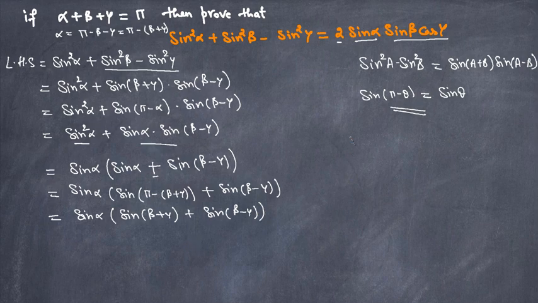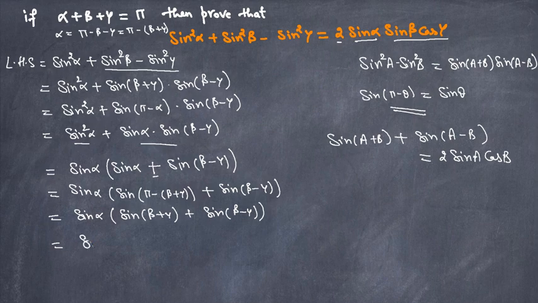Now I'm going to use this t ratio: sin(A plus B) plus sin(A minus B) is equal to 2 sin A cos B. So I think we got the answer.